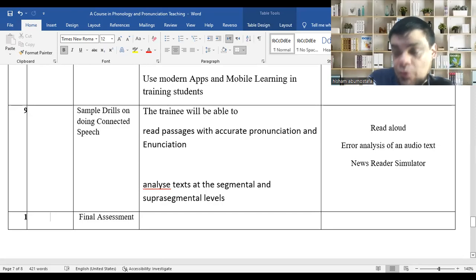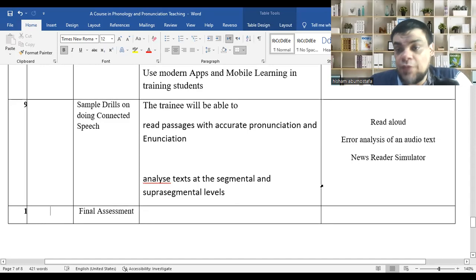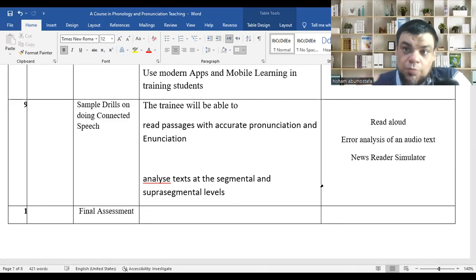Okay, it may be a demo in which you try to teach some phonological aspects to your students. So I think after this, we will be ready to teach pronunciation, but of course, as I told you, this needs more and more practice.